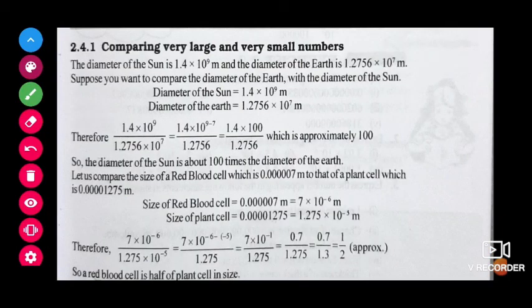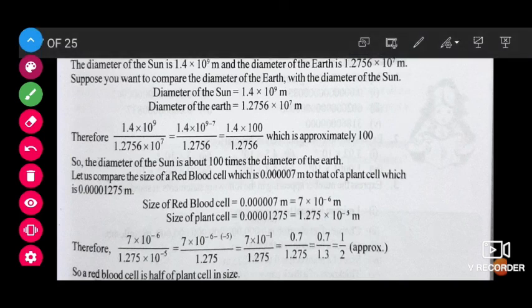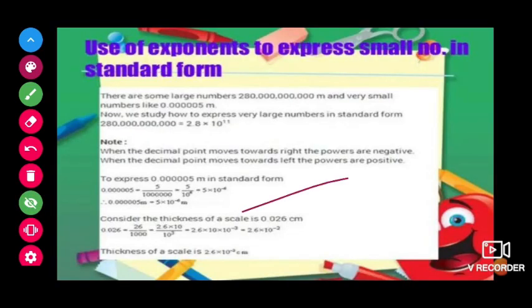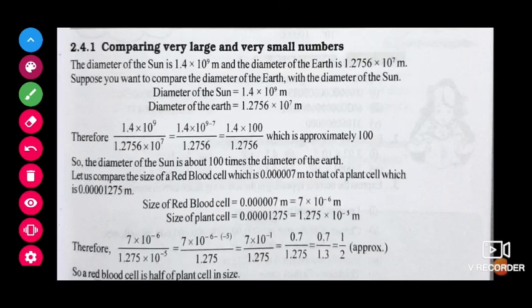Next, comparing very large and very small numbers. Here also we will use the same method. Children, for example, if you are having a big number, that number first we will write in the form of powers.